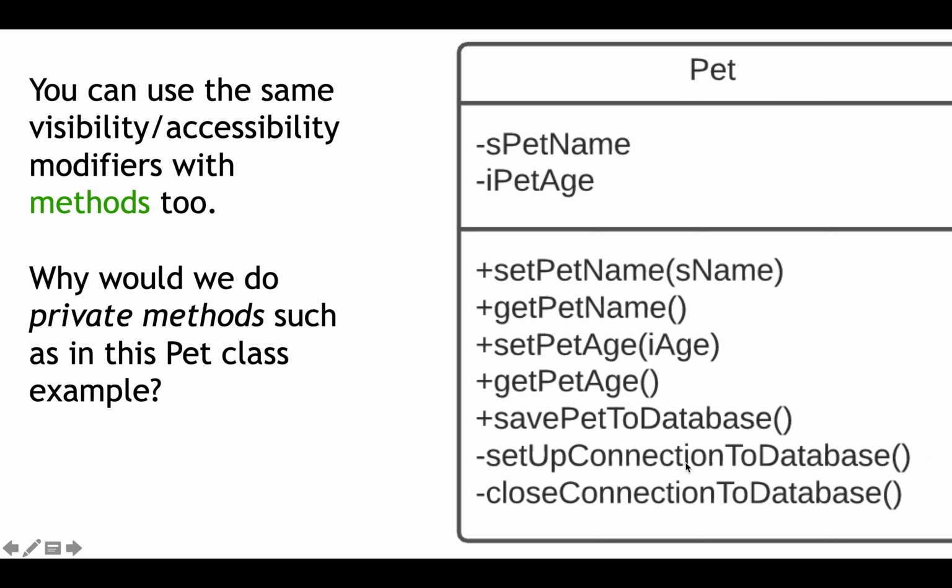I'm going to organize it into a group and call it close connection to database. And then as part of save pet to database, the first method I'll call is this one, and then the last instruction I will give at the end of this method is this one, and then there'll just be a little block in between those two method calls that actually does all of the interaction with, for example, doing some SQL operations on the database. So that's why you might see something like this.